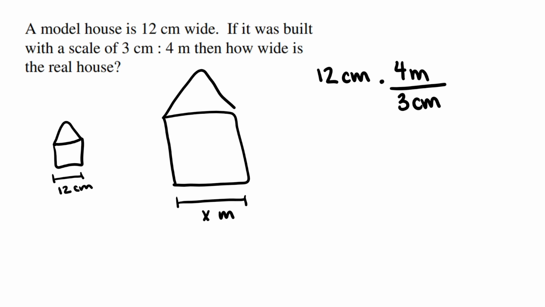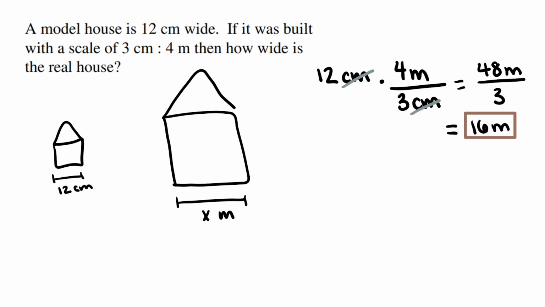So we'll flip our scale factor. Our centimeters will cancel. 12 times 4 is 48 over 3. And 48 divided by 3 is 16 meters. So our house, our real house, is 16 meters wide.